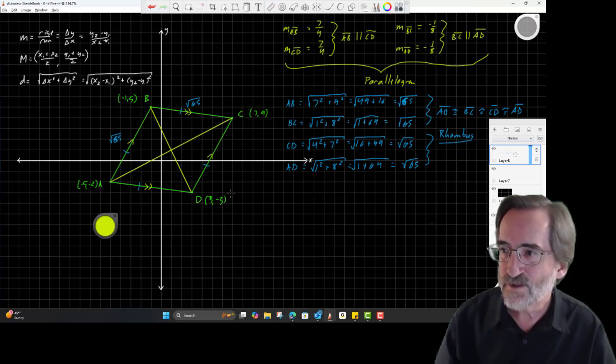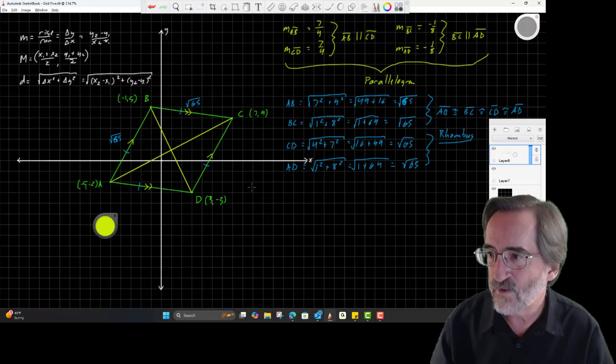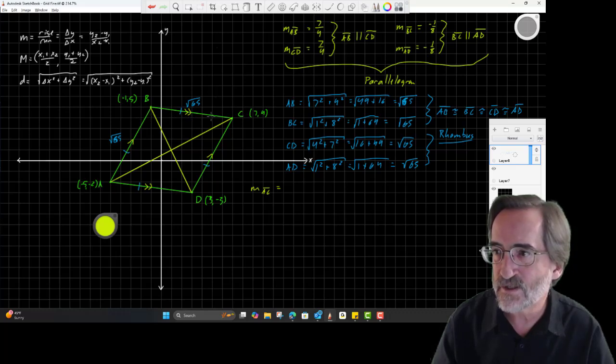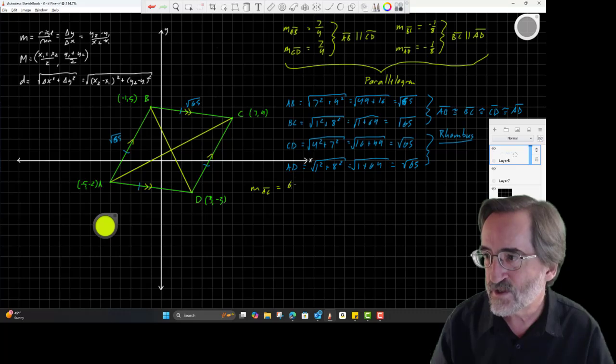Okay, so let's find the slope of AC. Slope of AC is rise over run, right? So 2, 4, 6, 2, 4, 6, 8, 10, 12. 6 over 12, which is 1/2.